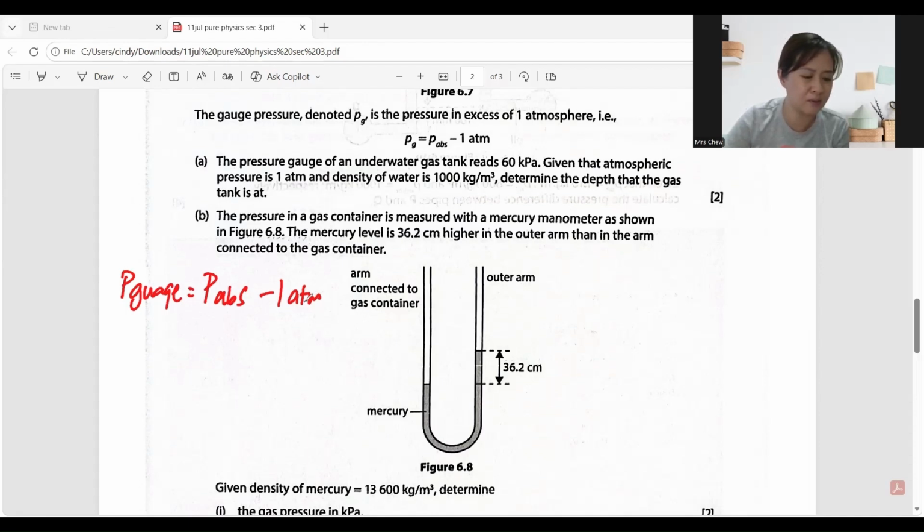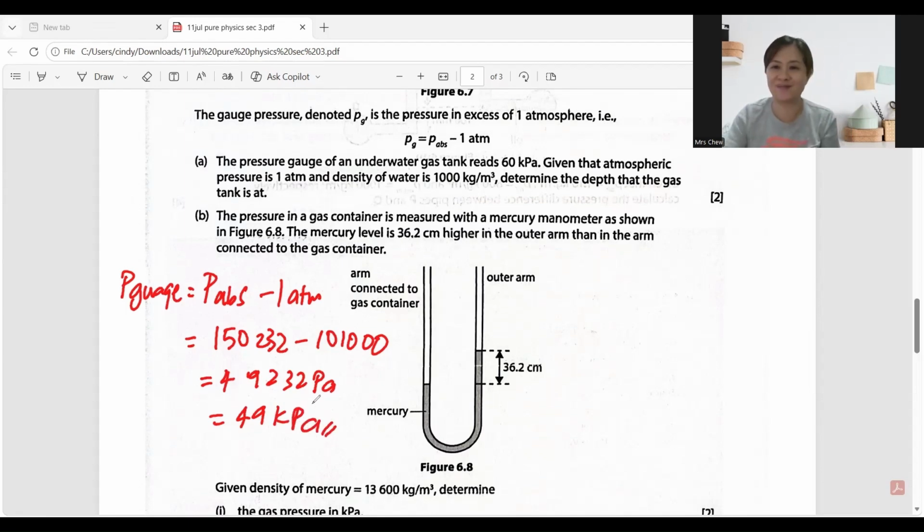The absolute pressure is the one calculated, which is 150,232, and 1 atm is 101,000. So you calculate, you will get 49,232 pascal, which is 49 kilopascal. All right, so make use of this formula. The absolute pressure is the pressure of the gas.